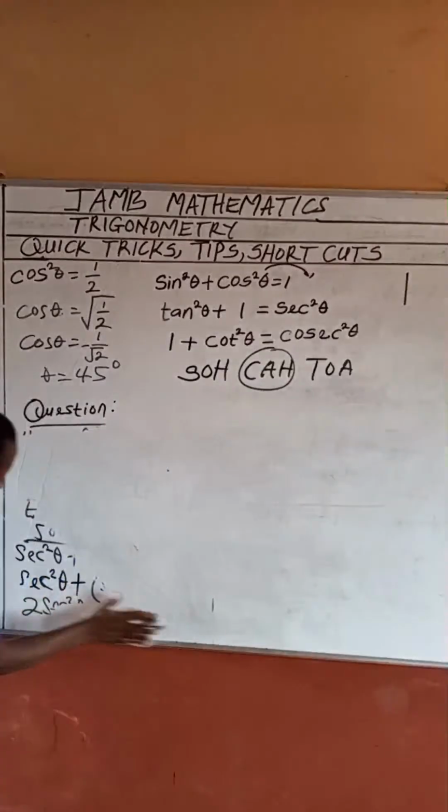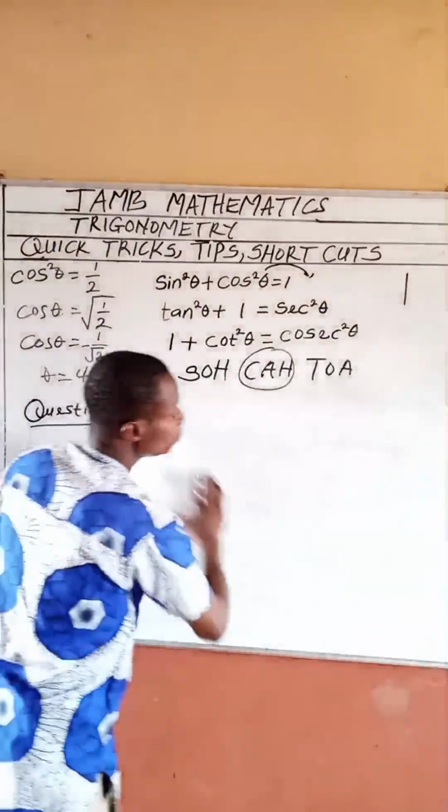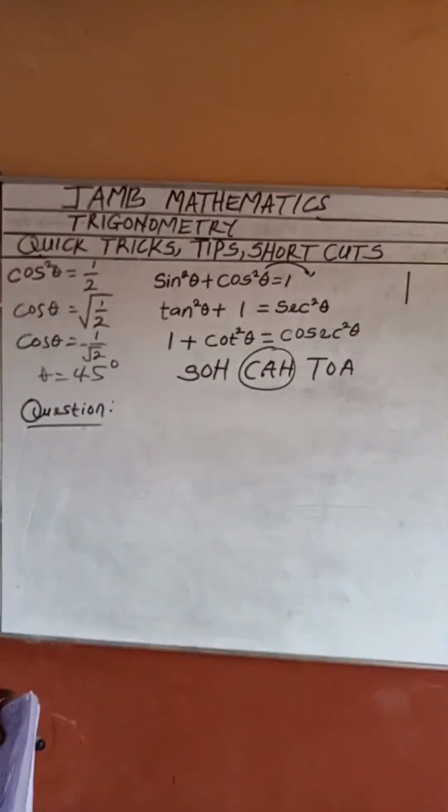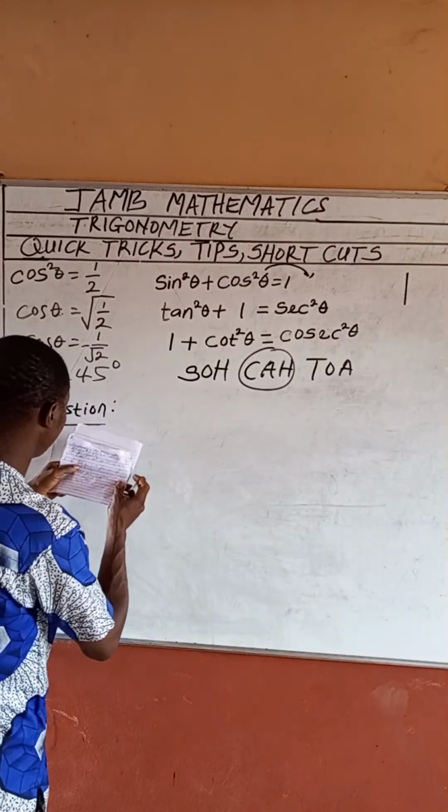It's similar. It's called trigonometric equation, using trigonometric identities to solve equations of this nature. Now look at this.